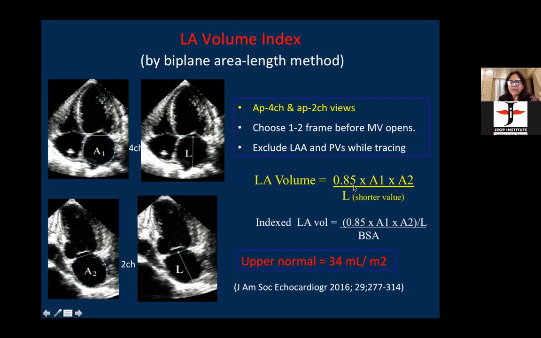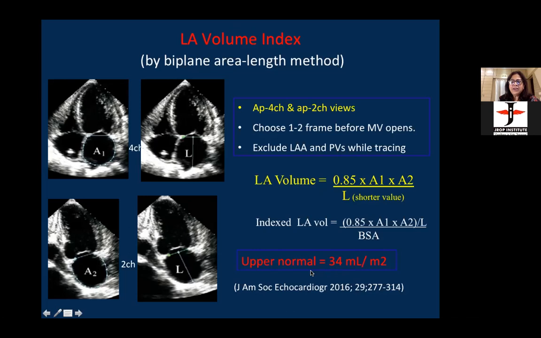It is 0.85 multiplied by area 1, multiplied by area 2, and then divided by the shorter value of the length of these 2. We get a value from this, and then we index this value by body surface area.